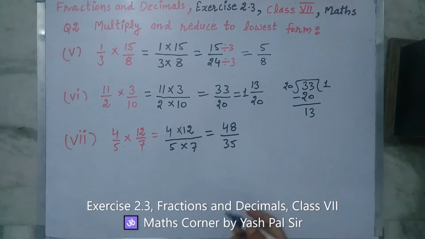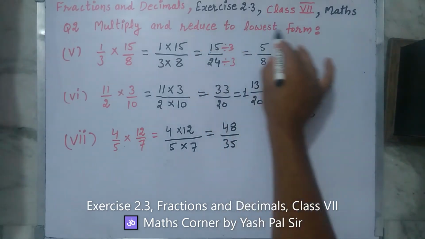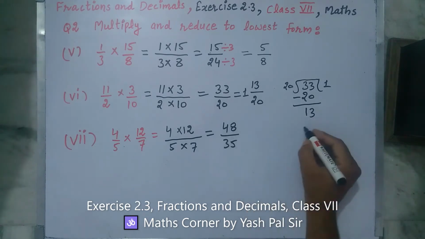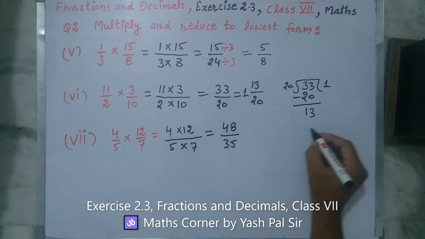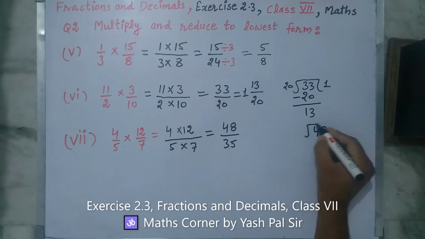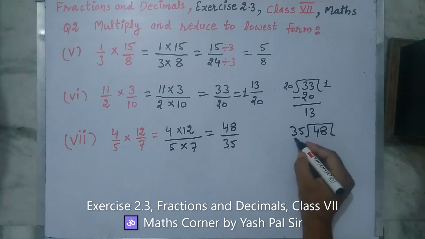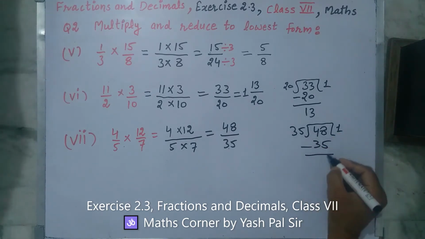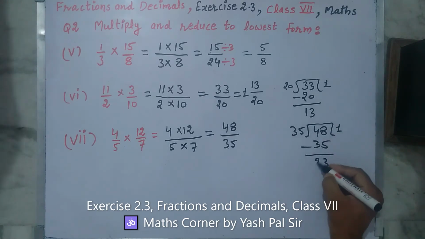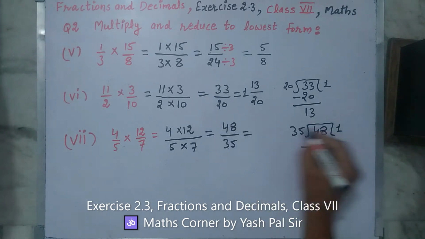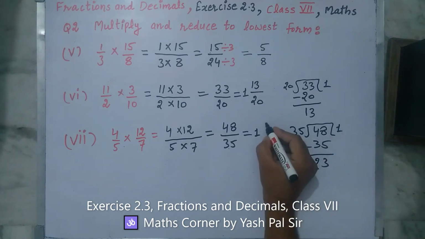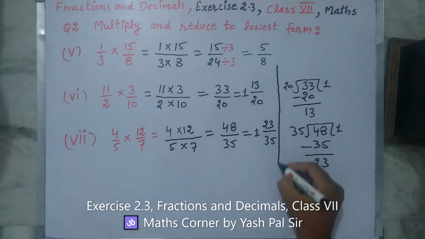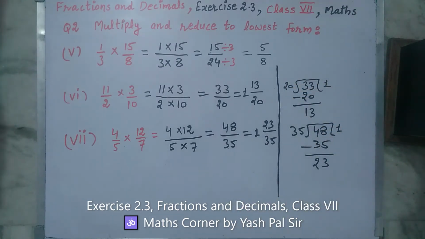No, there is no number, so we cannot reduce after this, but we can divide because 48 is greater than 35. 48 divide 35. 35 ones are 35. 8 minus 5, 3. 4 minus 3, 1. So the answer is 1 is to 13 divide 35. Okay, so this is the final answer.